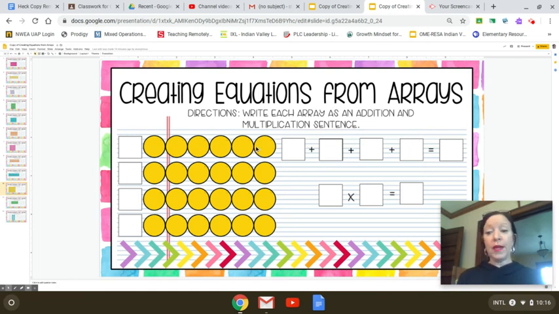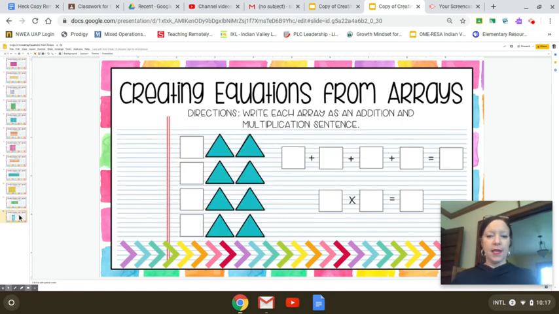Ooh, so I could be multiplying and take 6 times 1, 2, 3, 4 rows. 6 times 4. Well, if I know 6 plus 6 is 12, and there's 4 total, I could just do 12 plus 12 equals 24.